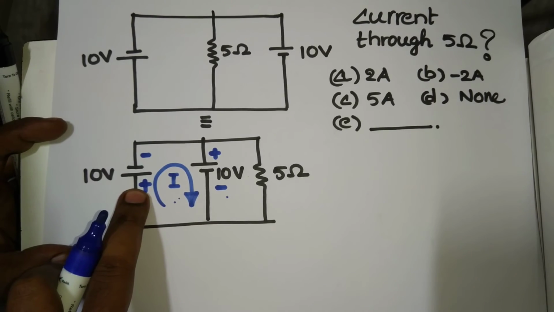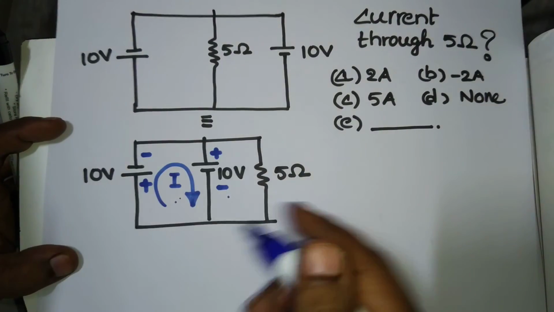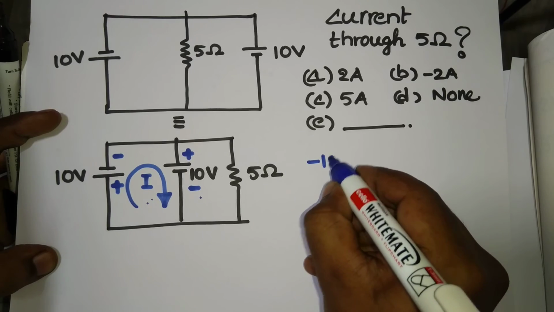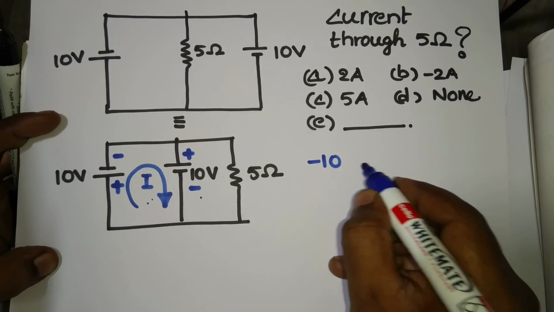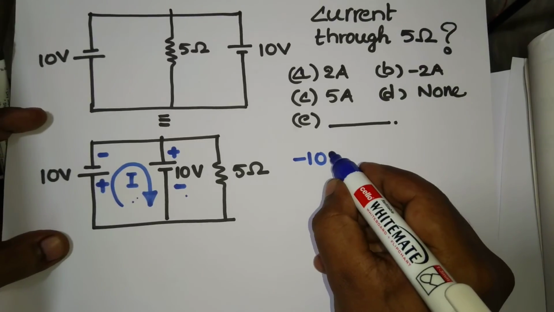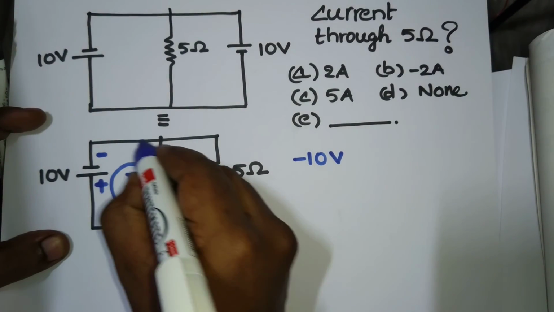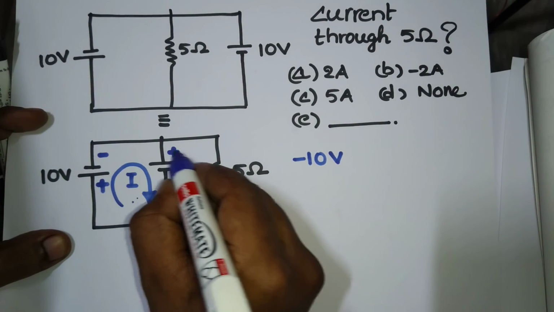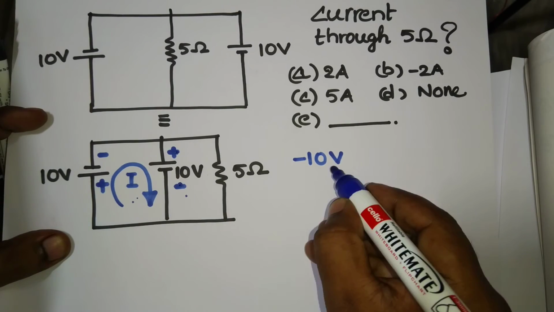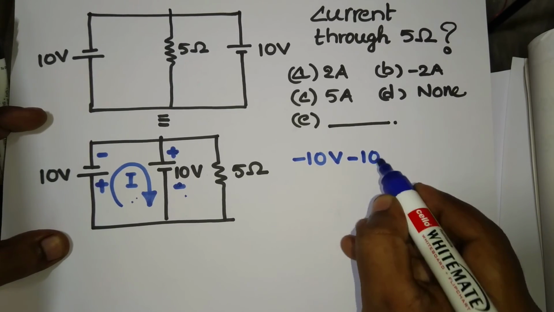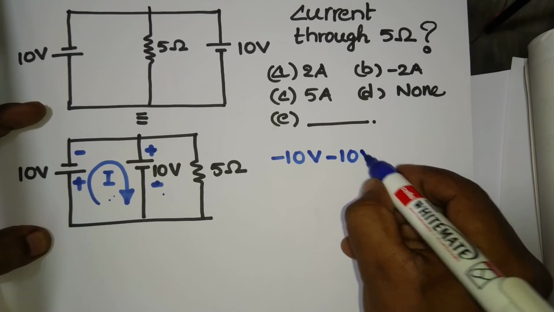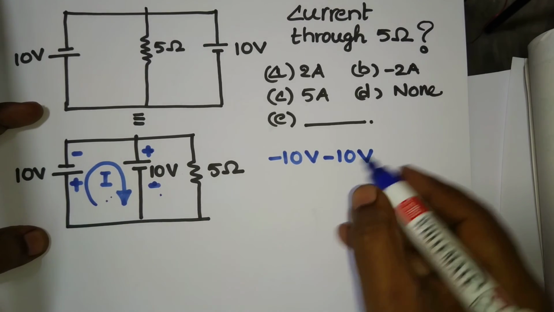I am moving from positive to negative, which means losing something. So losing something is minus 10 volts. Then I come all the way around and again move from positive to negative, so again I lose minus 10.